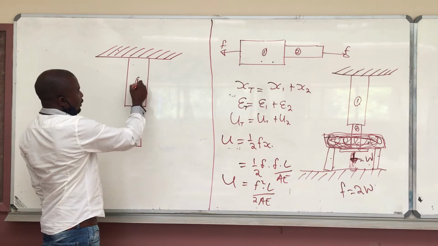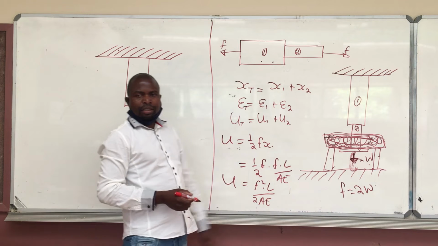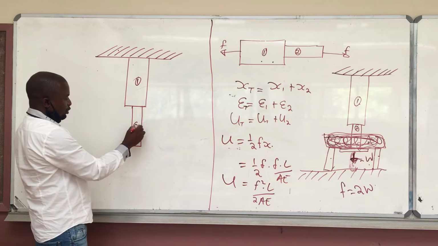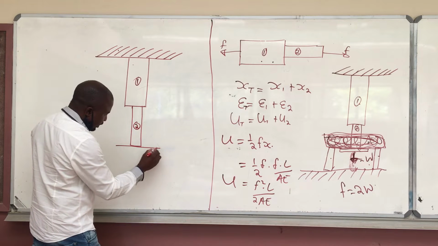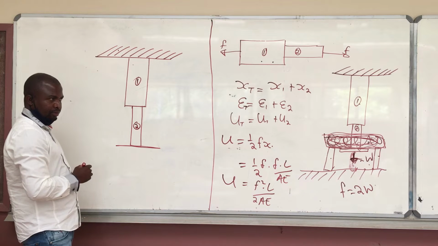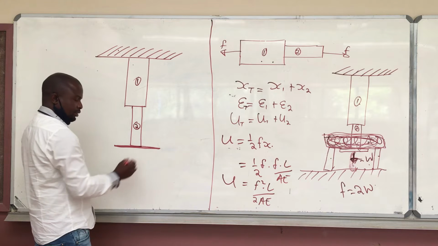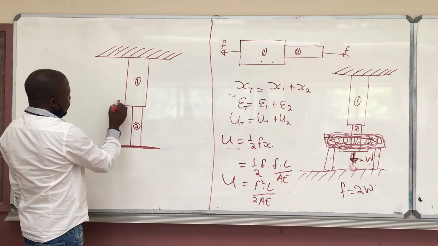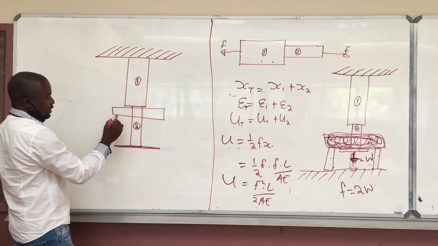If there are 5, it means here you will add up until 5. If it's 1, you will only use 1. But I will be using 2. This one is just there to block a weight. You put this one here to block the weight. So now, here is my weight.